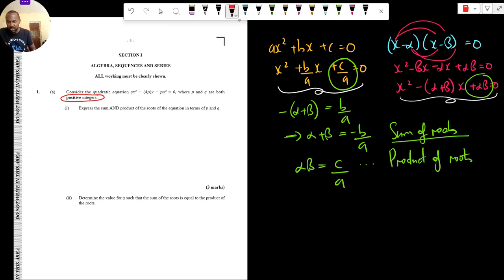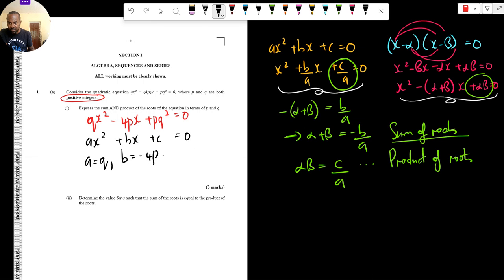Now the question gives us this quadratic q x squared minus 4px plus pq squared equals 0. Now, if we compare this to the general form of the quadratic, ax squared plus bx plus c equals 0, we'll see that a is equal to q, b is equal to minus 4p, and c is equal to pq squared.